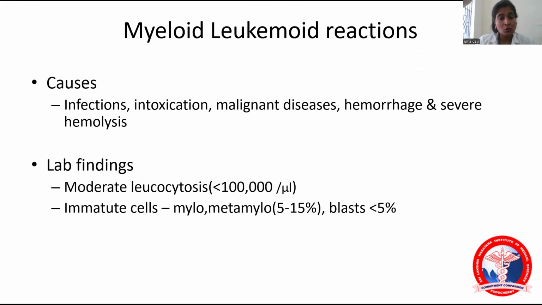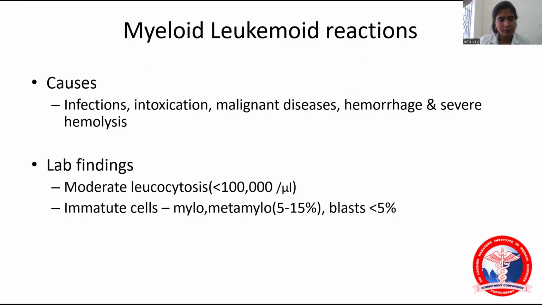The counts may be more than 50,000, sometimes even up to 1 lakh. So they have classified it as myeloid, which means more neutrophils, myeloid leukemoid reaction, and lymphoid, which means more lymphocytes are seen, lymphoid leukemoid reaction. Remember, this also is seen only in infections, but more extensive infections.